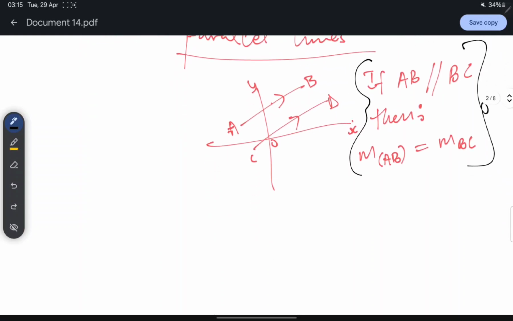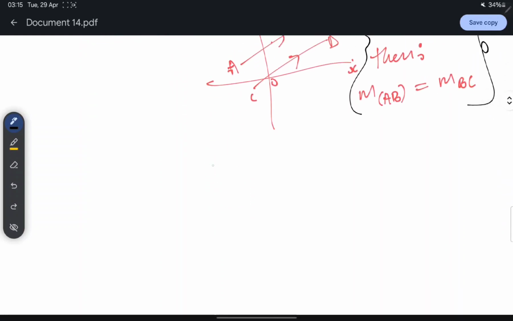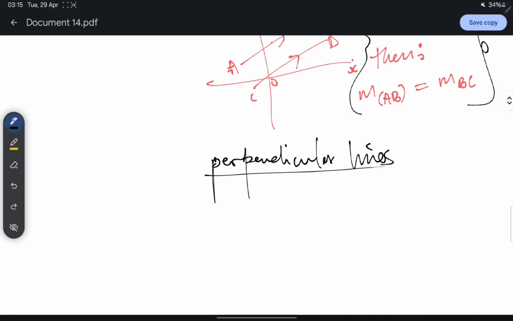Then perpendicular lines. Let's have a line like this. And say maybe AB is perpendicular to CD.